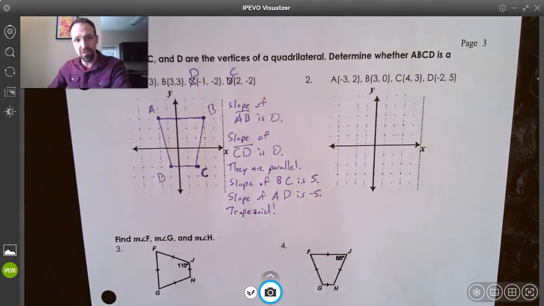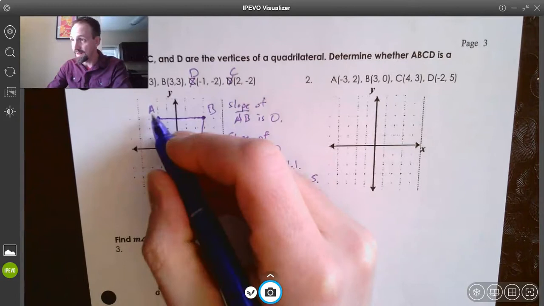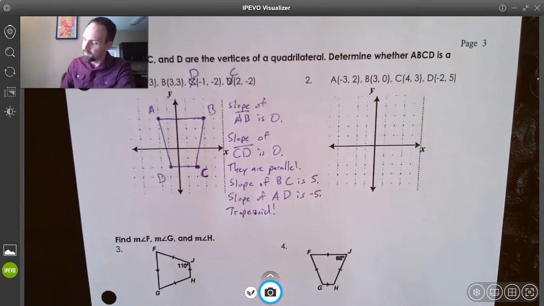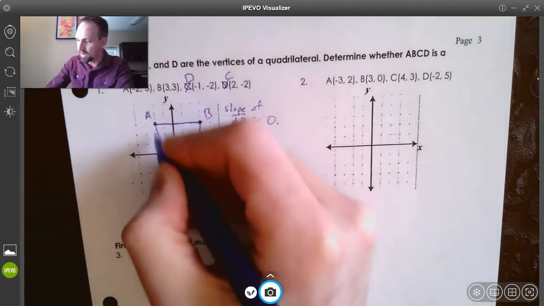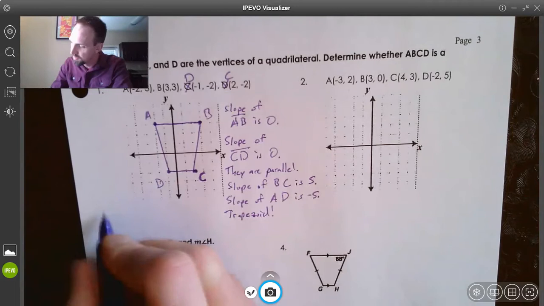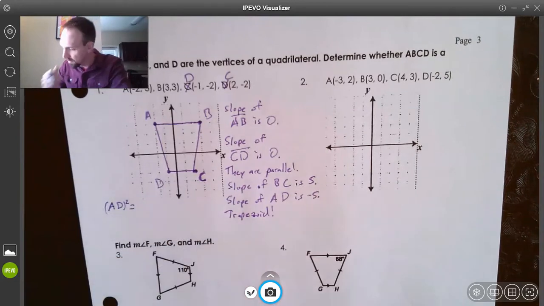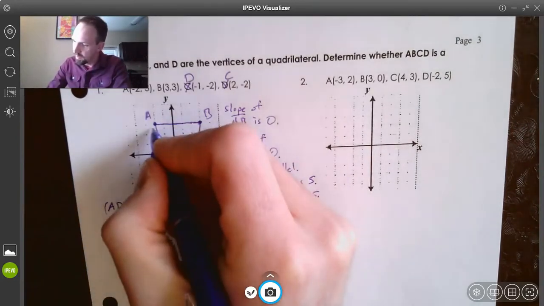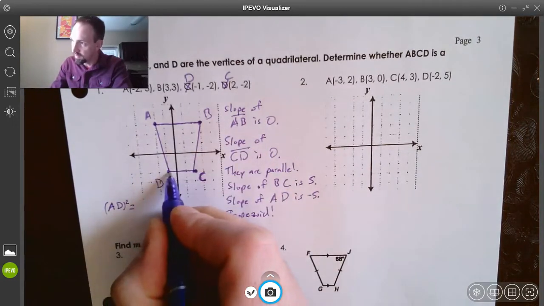Is it an isosceles trapezoid? We can do that by finding the distance of B to C and A to D. If I use the Pythagorean theorem as a shortcut for my distance formula instead of plugging all those numbers in, I could say that the length of AD squared is equal to the length of this side squared plus this side squared.